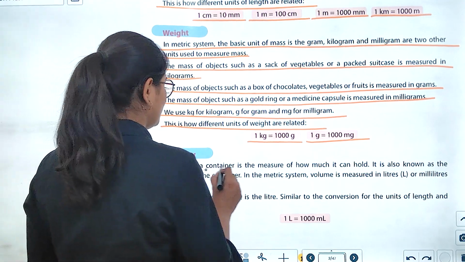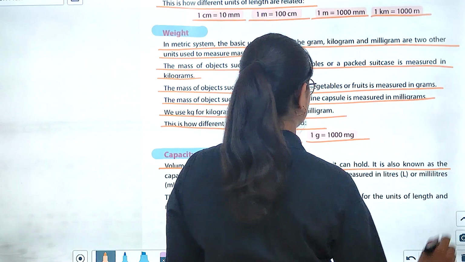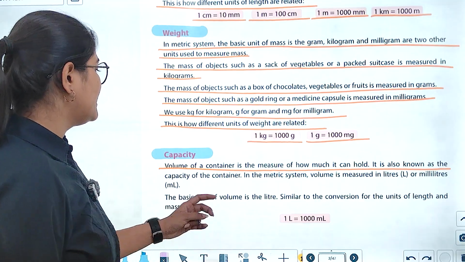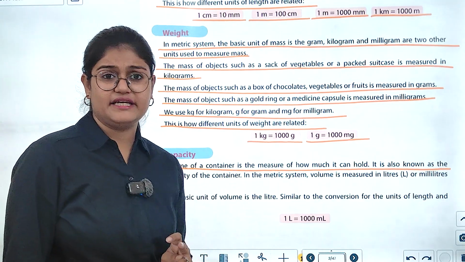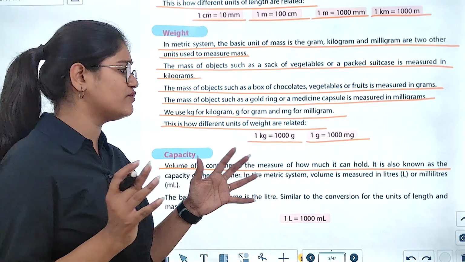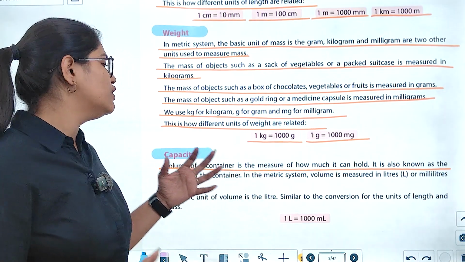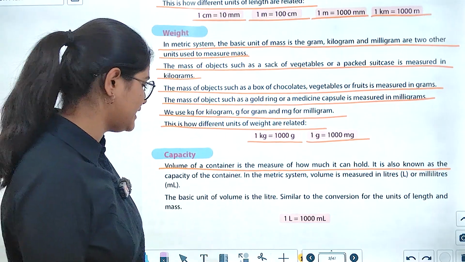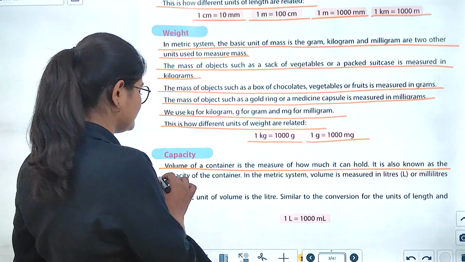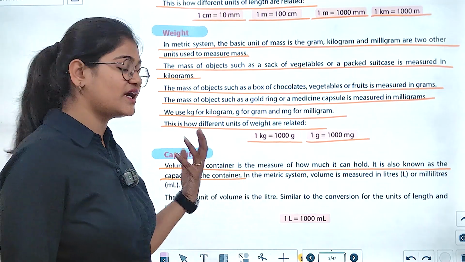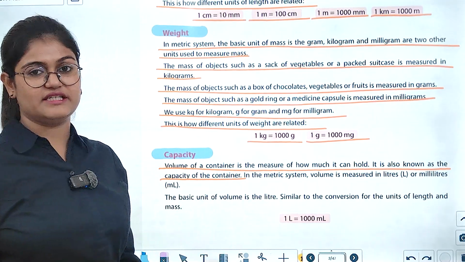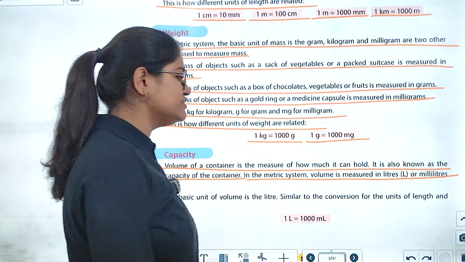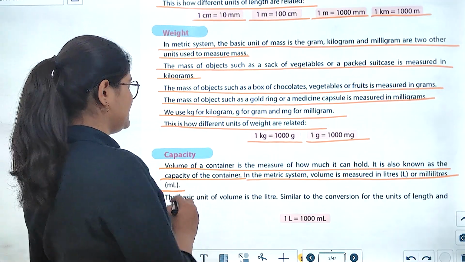So it says volume of a container is the measure of how much it can hold. कि एक कंटेनर की वॉल्यूम यानी कि एक कंटेनर में कितना लीटर ऑफ लिक्विड हम कंटेन कर सकते हैं उसको कहा जाता है उस कंटेनर की वॉल्यूम या फिर कैपेसिटी, राइट. It is also known as the capacity of the container, कि इसे हम कंटेनर की कैपेसिटी के नाम से भी जानते हैं, राइट. In the metric system volume is measured in liters and milliliters.